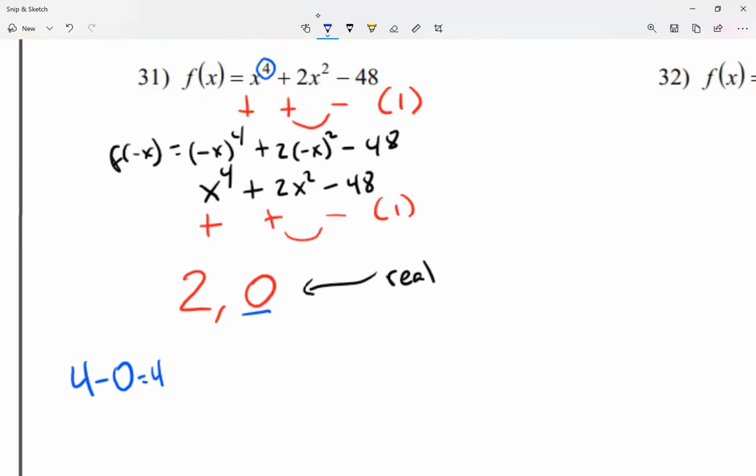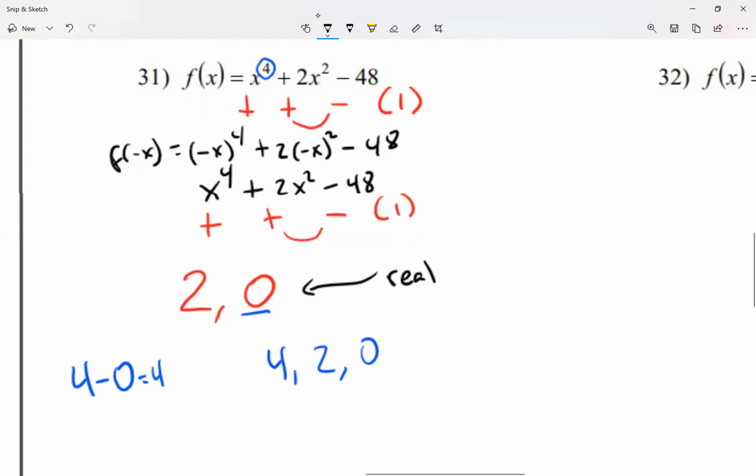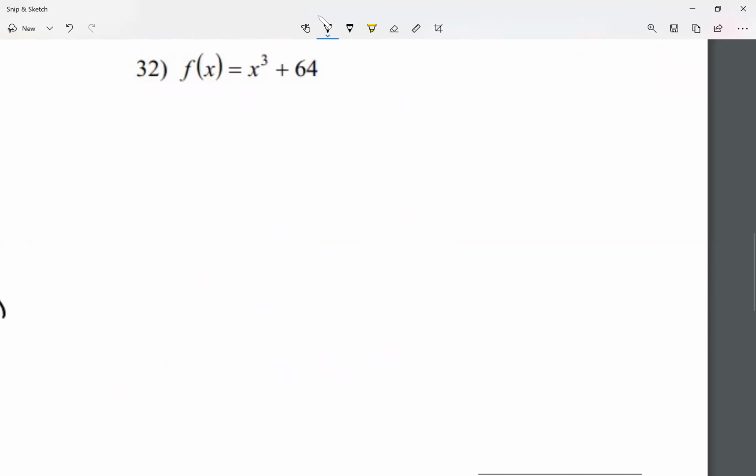So for imaginary, I start at 4, 2, or 0. I needed to know the real solution. Again, on your homework, I might ask just the real solutions, so just 2 or 0, or just the imaginary. If I ask for just the imaginary, you have to get the real zeros anyway.